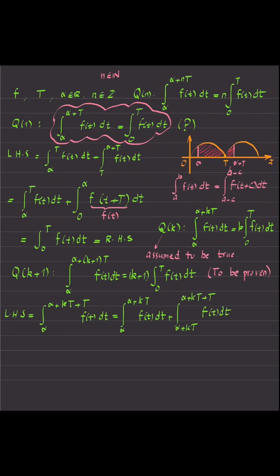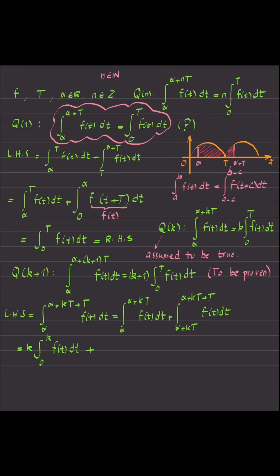So instead of going directly from alpha to this, I go from alpha to alpha plus kT, and then from alpha plus kT to alpha plus kT plus T. But this first one is exactly the assumption that I have. For the first one, I use the induction assumption, so this becomes equal to k times the integral from 0 to T of f of t dt.